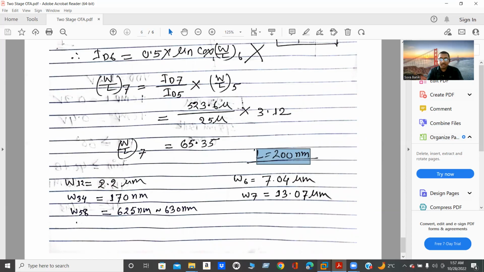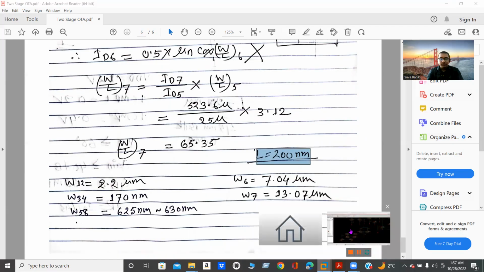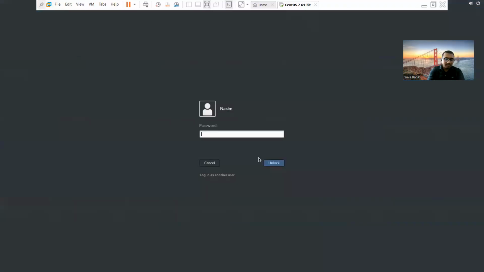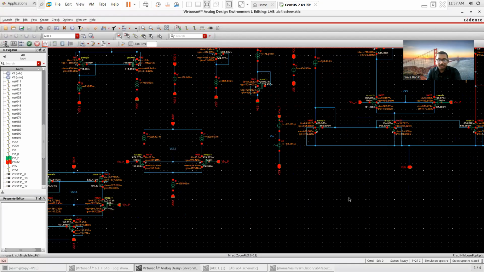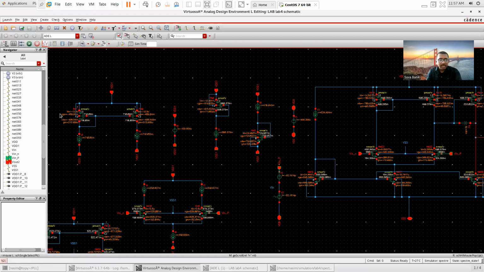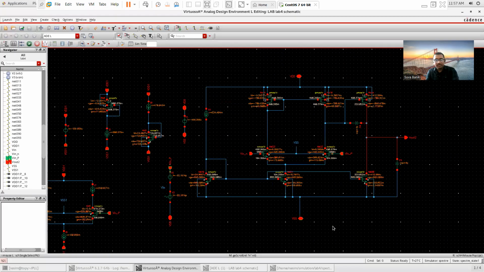Now let's try and I want to show you my circuitry. Once you have done all of the stages and when you have found all of the things appropriately, then these are my circuitry.